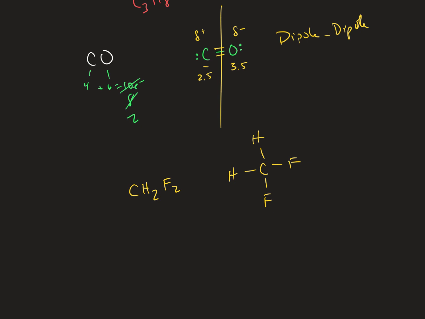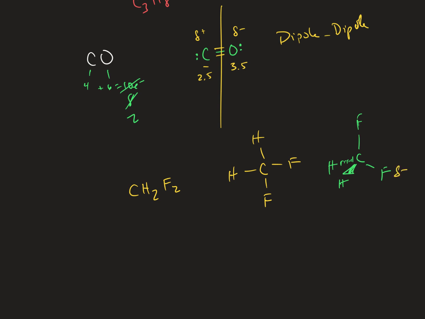We have to know the molecular geometry. It's going to look something like this, right? Do I need to go through how I know that? There's 4 regions around the central atom. No lone pairs, so this is tetrahedral. Then we look at the carbon-hydrogen bond, which is nonpolar, so we don't have to worry about positives and negatives.